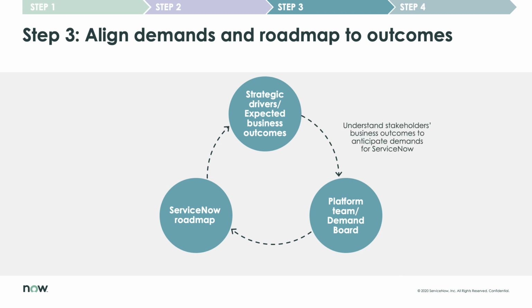To effectively shape demands, the platform team and the demand board need to understand enterprise priorities and expected outcomes, and continuously monitor that the ServiceNow roadmap aligns with these priorities. In turn, business partners are aware of the ServiceNow roadmap, so they can inform updates to it. This continuous feedback loop, starting with strategic drivers to the ServiceNow roadmap, will make sure ServiceNow delivers the right outcomes at the right time.